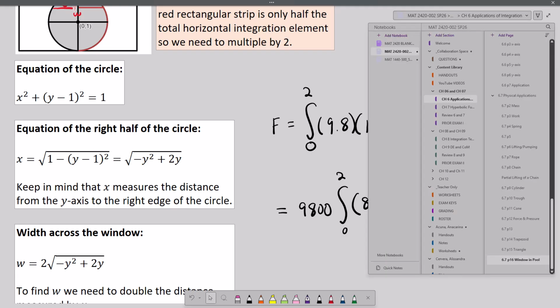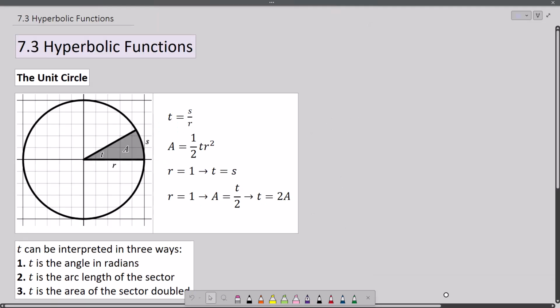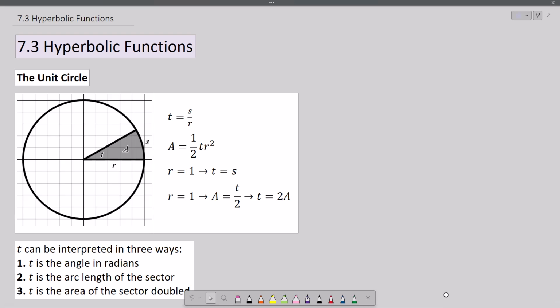So let's go to Chapter 7. We're going to talk about the hyperbolic functions. You are super familiar with the circular functions. The circular functions are also known as the trig functions, and they come from a circle, x squared plus y squared equals 1.